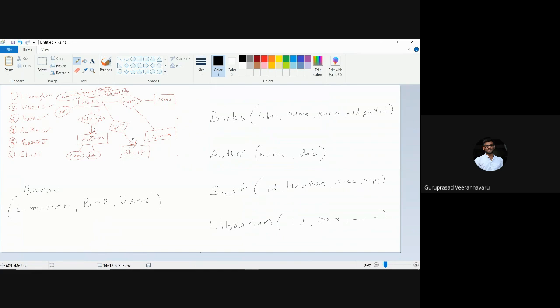This can be one table. And here the key becomes book and user, primary key. It's a combination of these both. So if this user has taken this book, he cannot take it again.